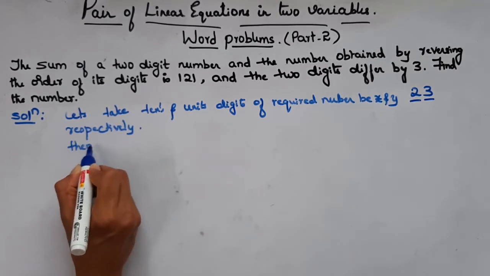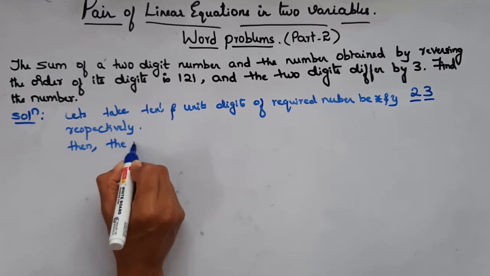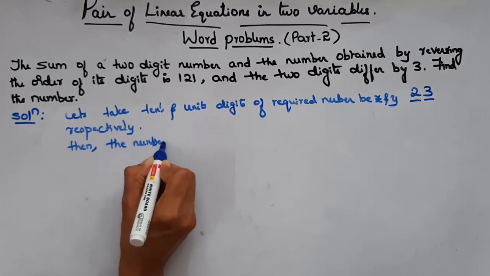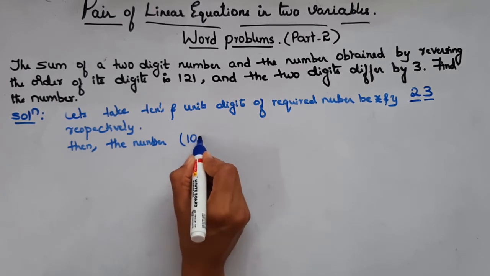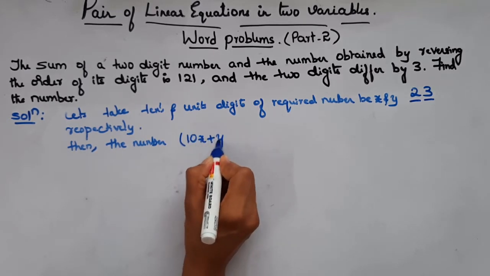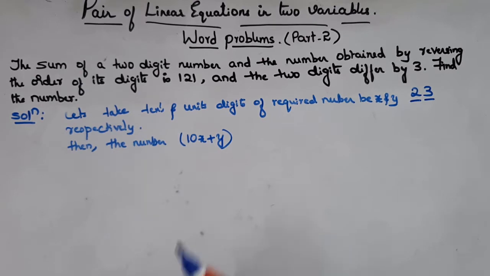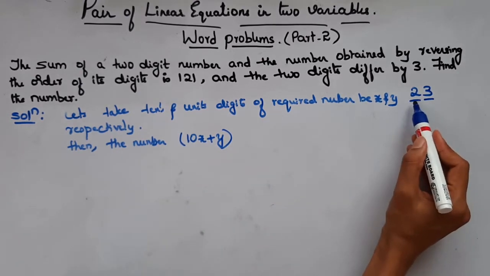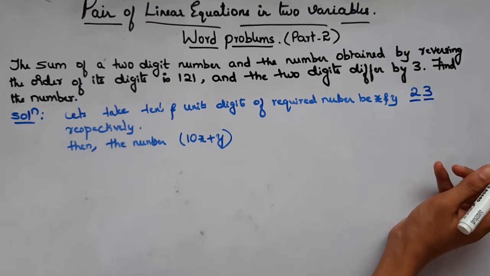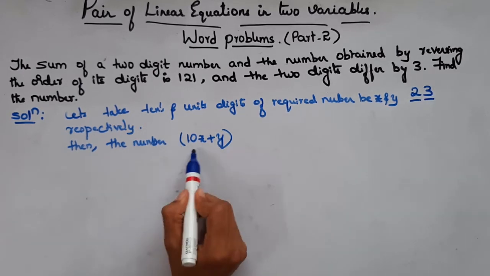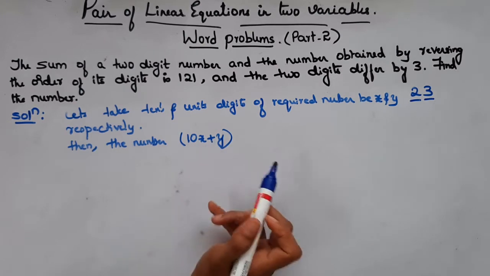Then the number should be of the form 10 into x plus y, right? In this case, 10 into 2 plus 3 will give you 23. Similarly, your two-digit number should be of the form 10x plus y.